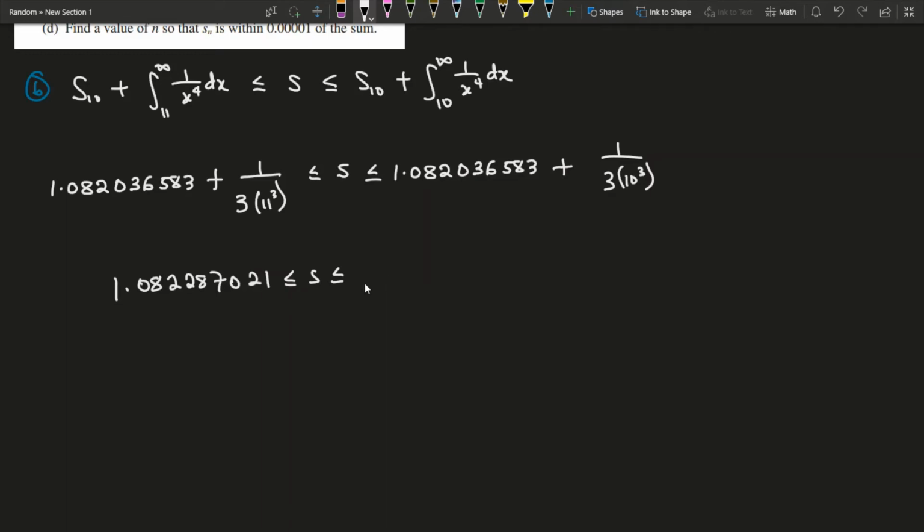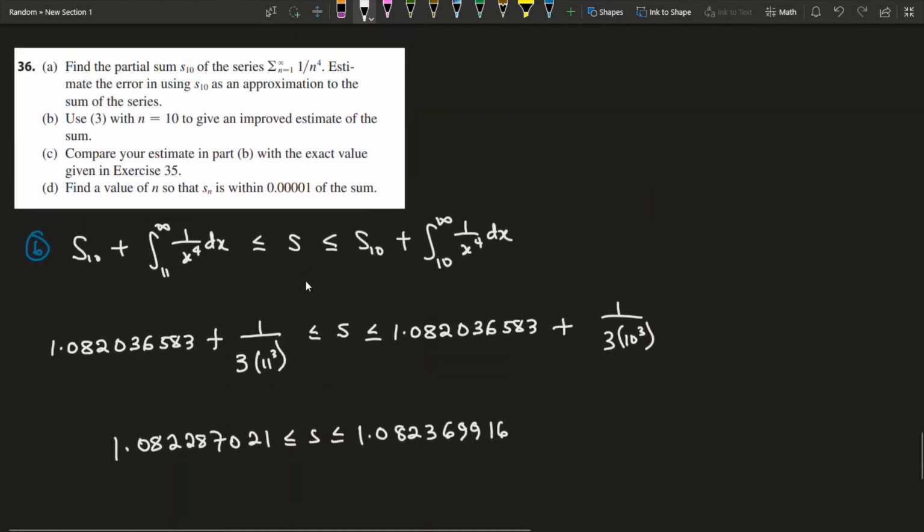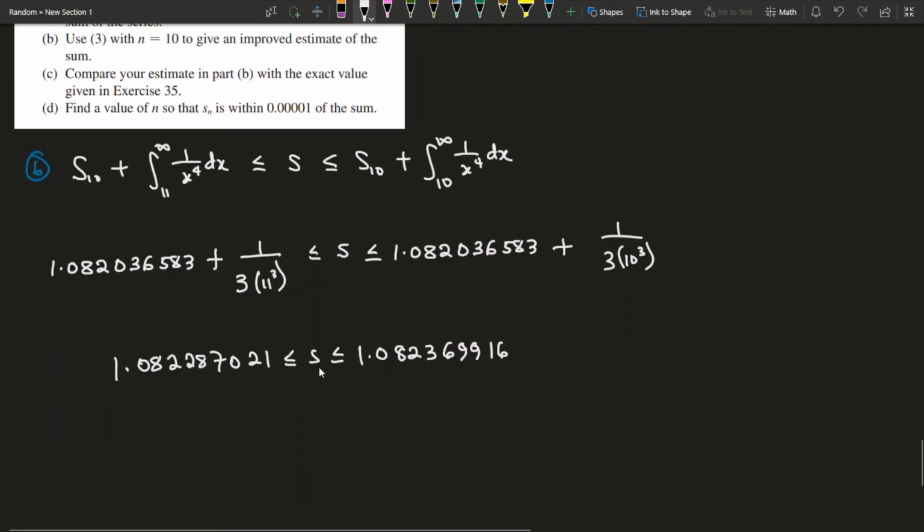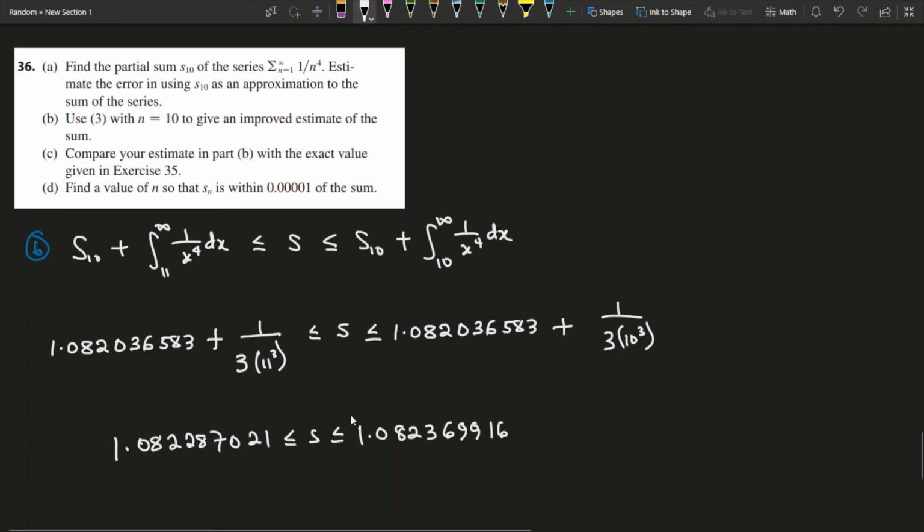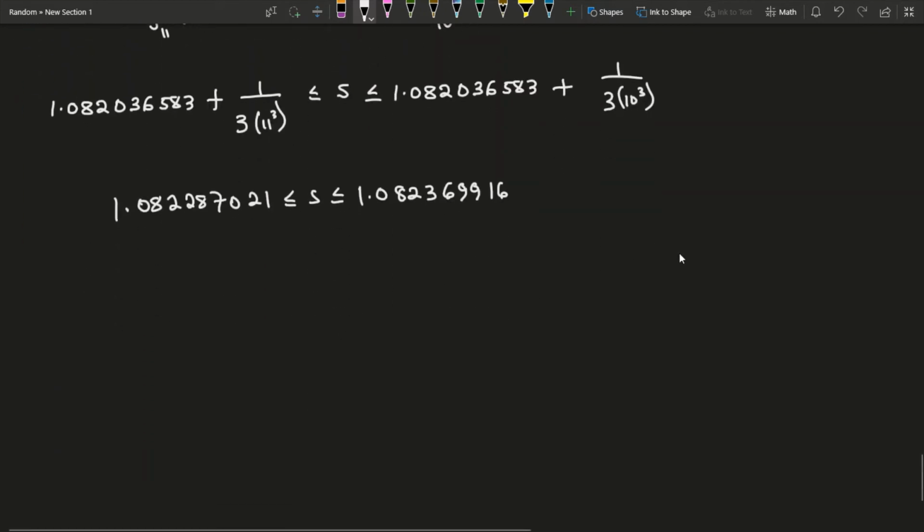The actual sum lies between these, and this is very nice because we have freedom to choose where this S belongs. Now we can even improve this by taking the average of these two or doing something else.